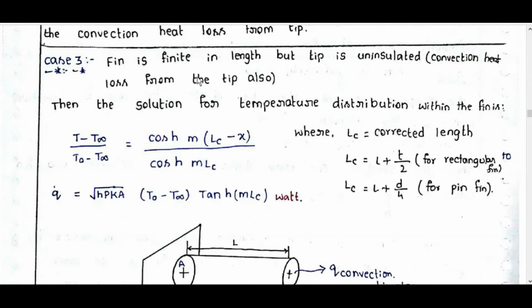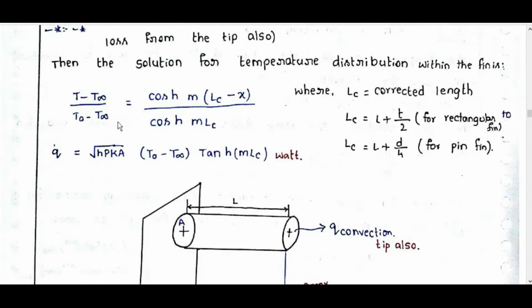Case 3. Fin is finite in length but the tip is uninsulated. Convection heat loss from the tip also. Then the solution for temperature distribution within the fin is (T minus T infinity) by (T naught minus T infinity) is equal to cosh m(Lc minus x) by cosh mLc, where Lc is the corrected length.